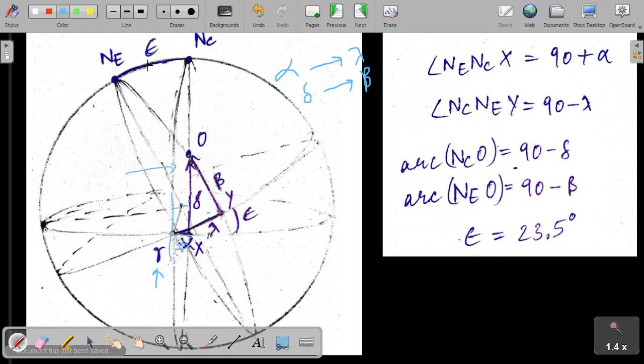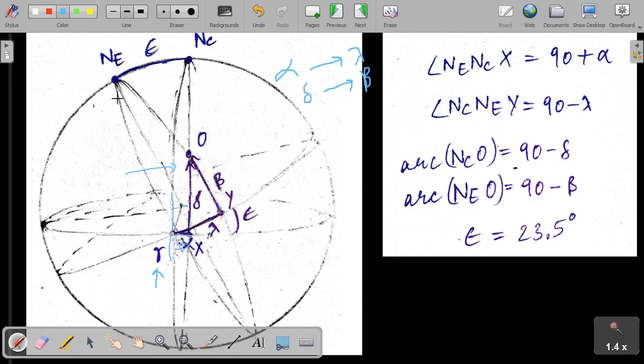This is the north ecliptic pole and this is the north celestial pole, and of course the north ecliptic pole is tilted by an angle of epsilon, which is equal to the angle of tilt of Earth, which is 23.5 degrees. Now let's talk about some angles, shall we?